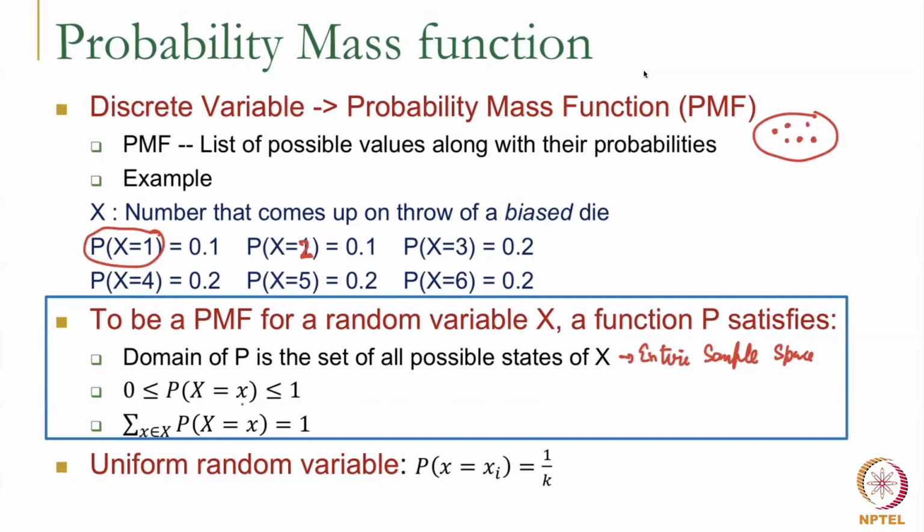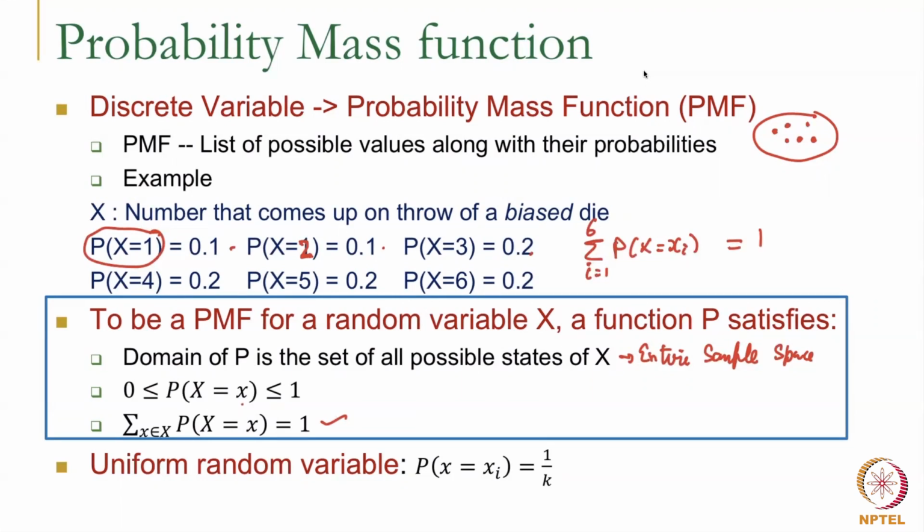That's kind of obvious. And the summation of all those possible probabilities should be exactly 1. Which is the case here. 0.6 plus 0.8 plus 0.1 plus 0.1. This is sigma p of x equal to xi equal to 1, over all i equal to 1 to 6. This is 1. This is the simple idea of a probability mass function.